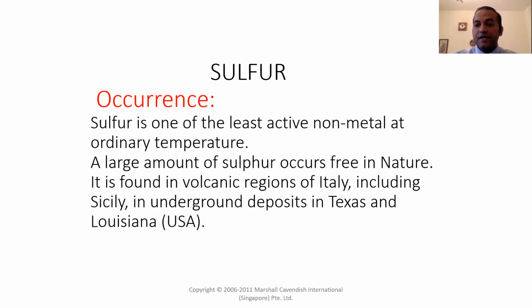They can occur free in nature as pure sulfur, and usually you can find this in volcanic regions like in Sicily, Italy, and some places like Texas and Louisiana in the United States. Now, beside that, of course, any place that has volcanoes like Indonesia, Philippines, we can also get sulfur. So they can be found as pure sulfur in volcanoes.